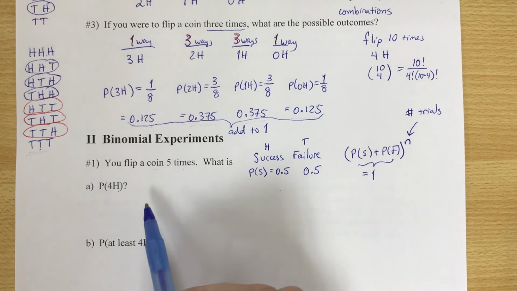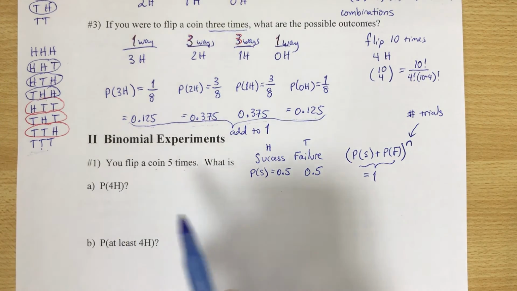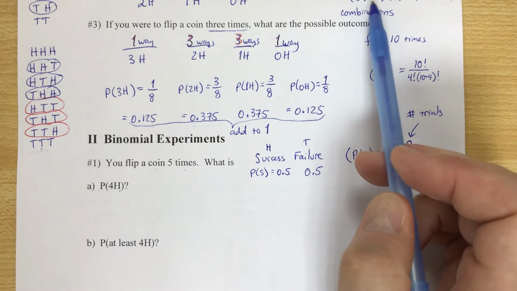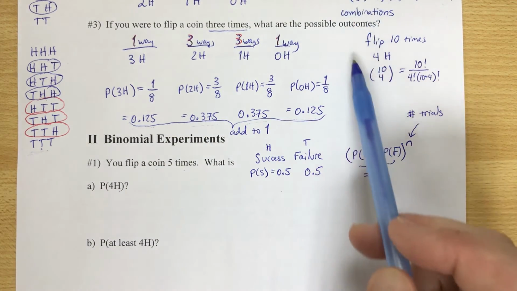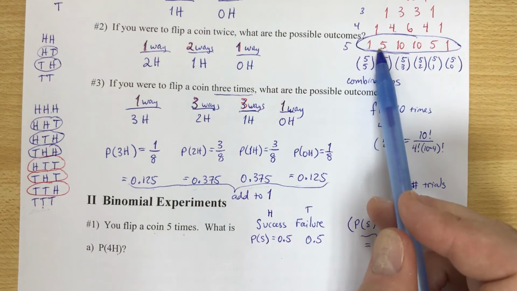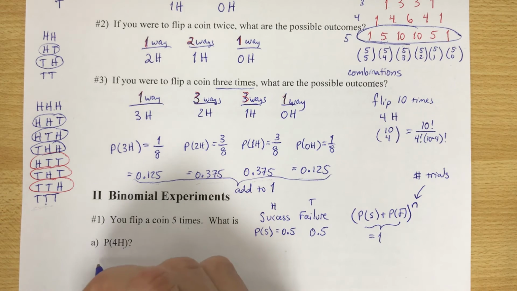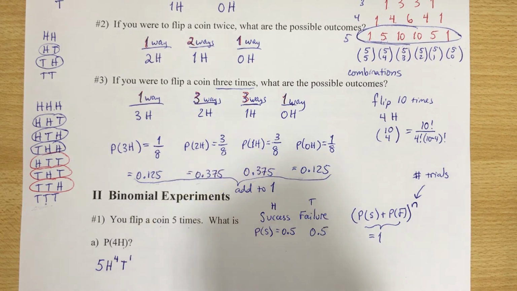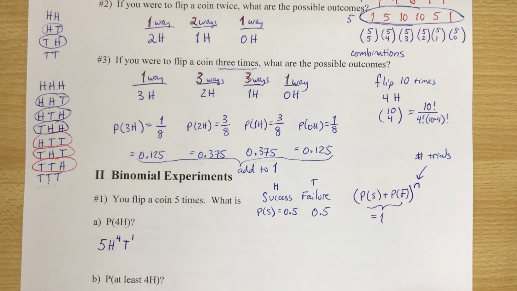So the probability that we get 4 heads. The first number here is, let's see, 4 heads, so that's right here. It's going to be 5. And it's heads raised to the 4th times tails raised to the 1st.